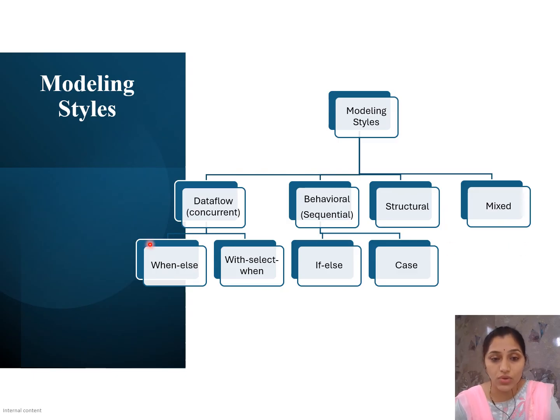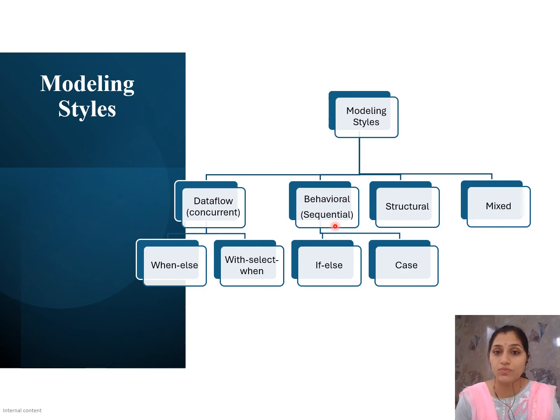Data flow includes concurrent statements. It means all statements execute parallelly. Behavioral modeling is also called sequential modeling, and it is used to model sequential circuits. Sequential circuits are where we use memory. Output depends on present input as well as past output, and to store that past output we need a memory.